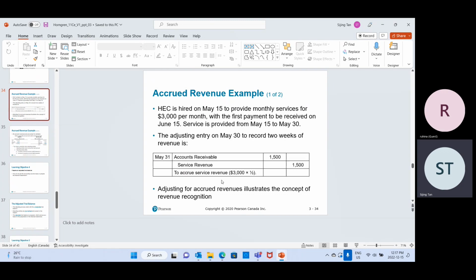So when time passes, for accounts receivable, there are 2 weeks of revenue we have to recognize. We use $3,000 times 1/2. That's just half of it. So we debit accounts receivable, credit the service revenue. Okay.